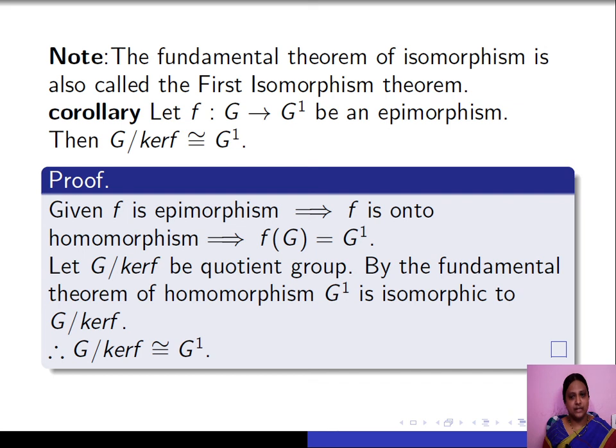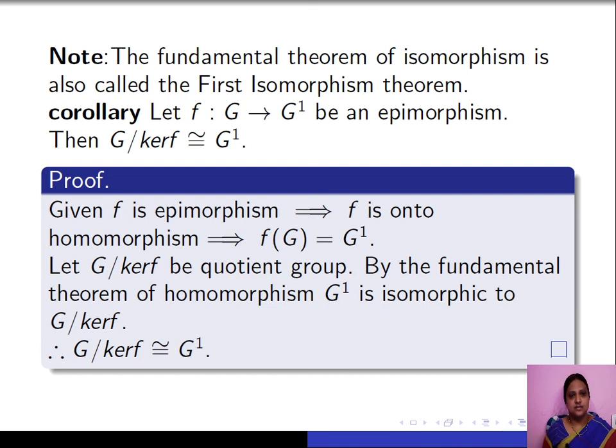According to the fundamental theorem, every homomorphic image is isomorphic to the quotient group. So here the homomorphic image G dash is isomorphic to G by kernel f. So G by kernel f is isomorphic to G dash, because if A is isomorphic to B, then B is isomorphic to A.